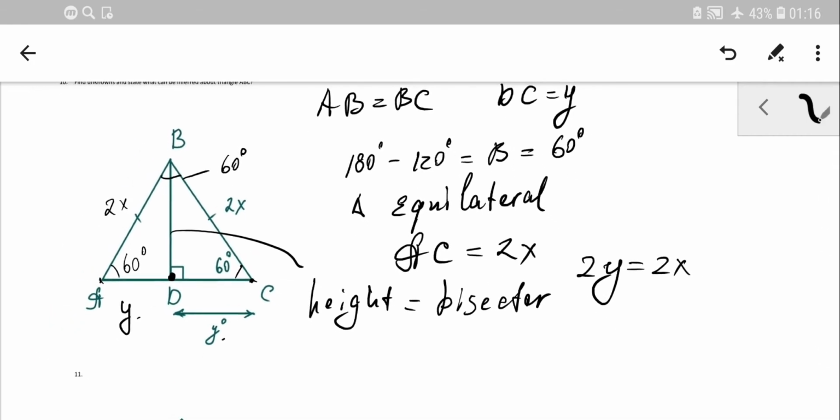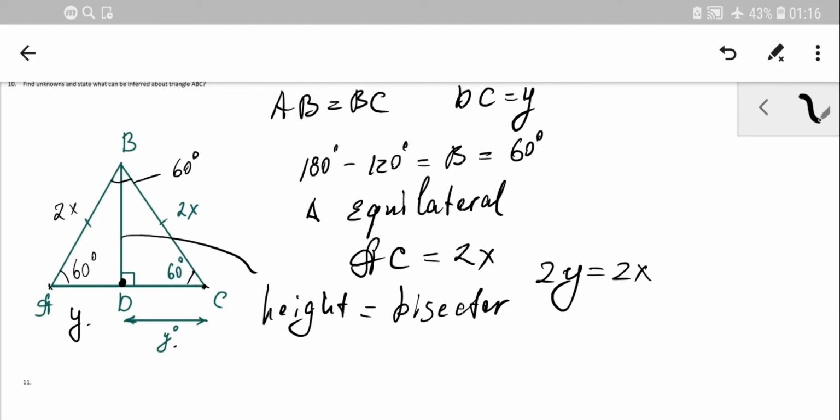All right, how can we figure out what stays for each one? We know now the triangle is equilateral and all sides are double x. How can we figure out the x value?